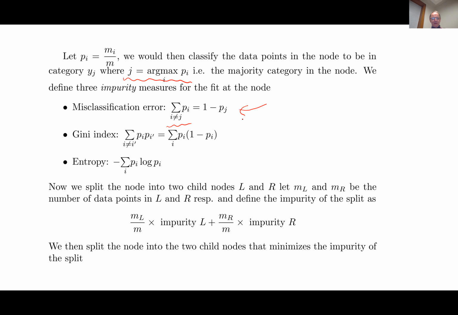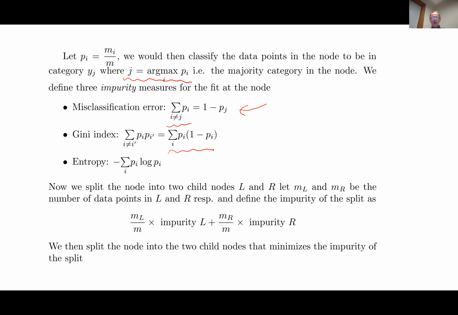Two other ones that are much more useful are, first, the Gini index, where we take these Pi, multiply each Pi by 1 minus Pi, and sum all of these up. Suppose all our data points in this node belong to one category.